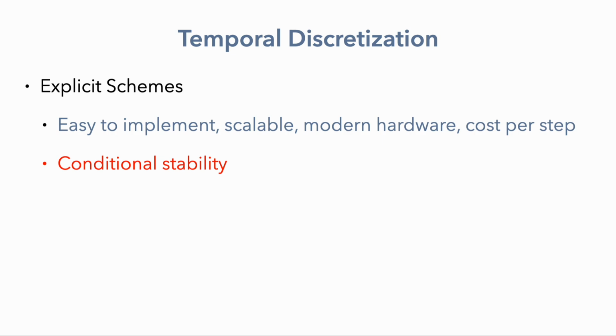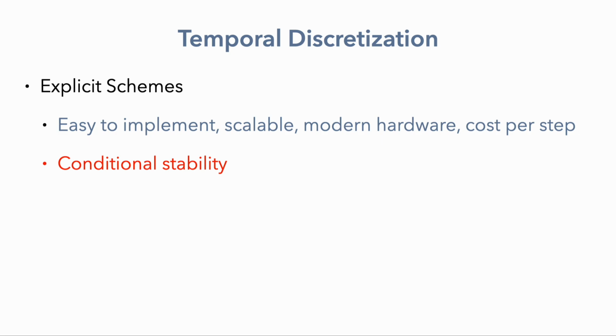Typically there are two standard approaches. One is to use an explicit scheme, for example an explicit Runge-Kutta method. These have a lot of advantages. Really, they're easy to implement, in a sense relatively trivial to implement. They're scalable, so they require only local communication between neighboring elements across MPI ranks. So this means that they're highly scalable.